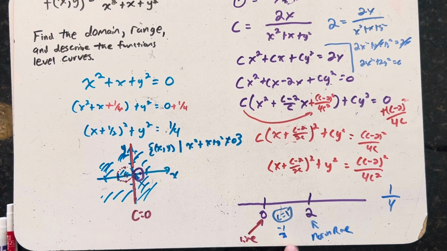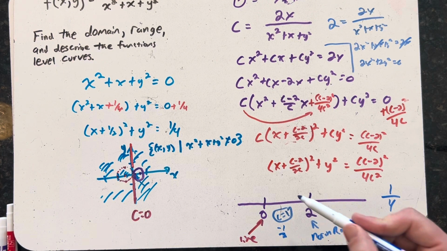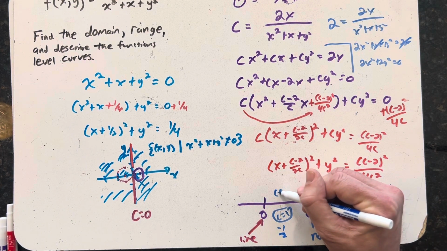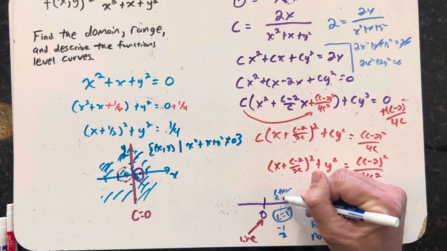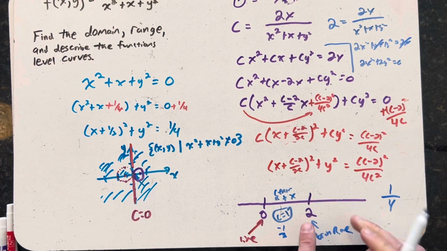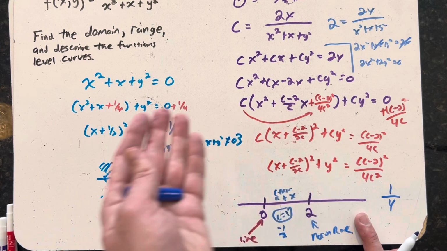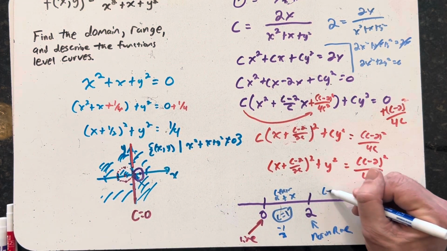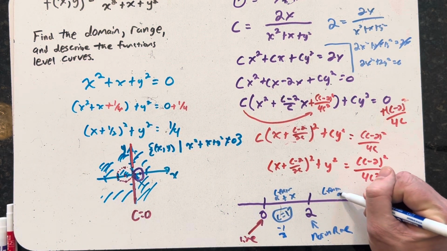And if we think about the sign here, when I'm between 0 and 2, c minus 2 is going to be a positive number, so the center is at a positive x coordinate. But if I come out here, and now c is larger than 2, like a 3 or a 4 or a 5, I plug that value in there and I'm going to see x plus some constant, so my center is going to be at a negative x value.